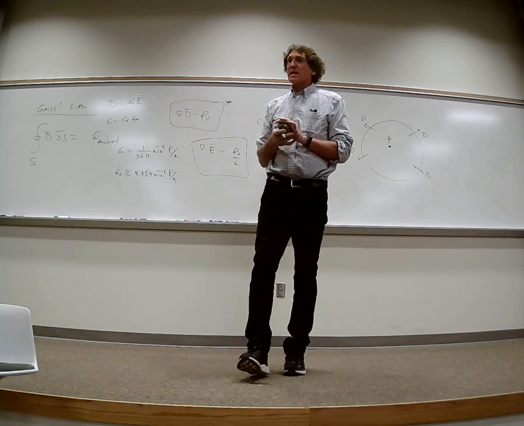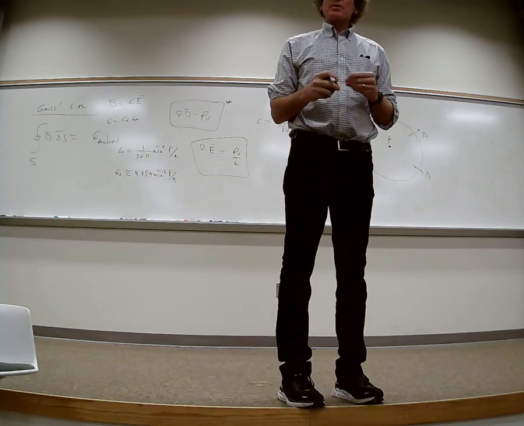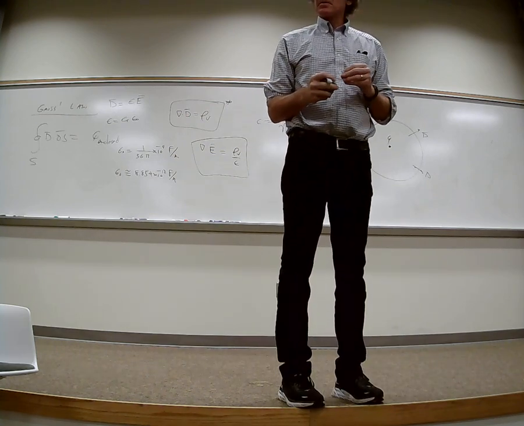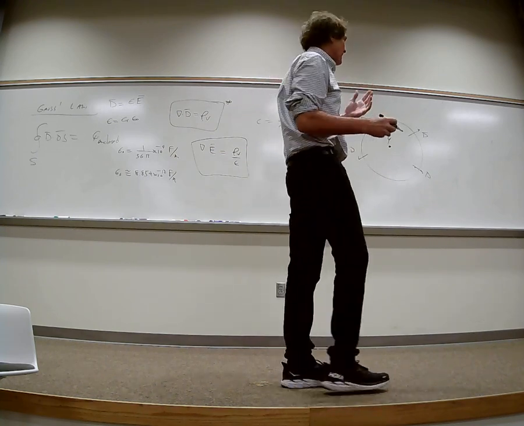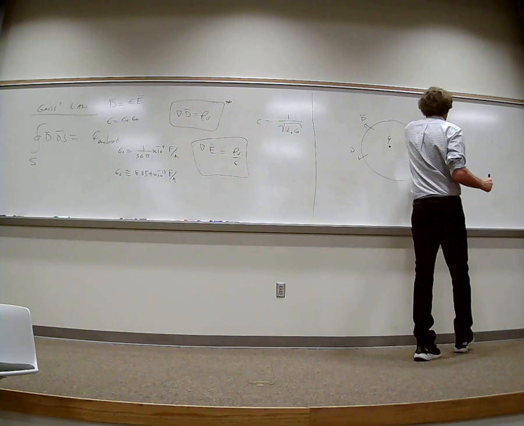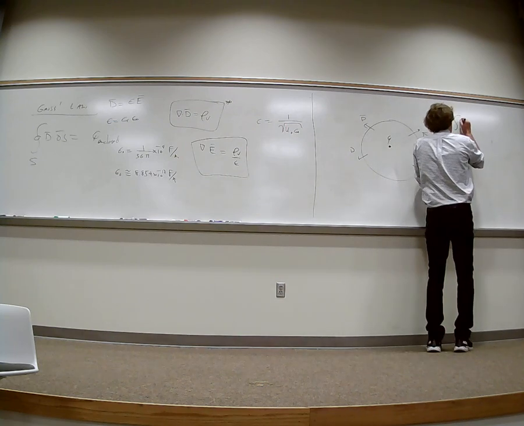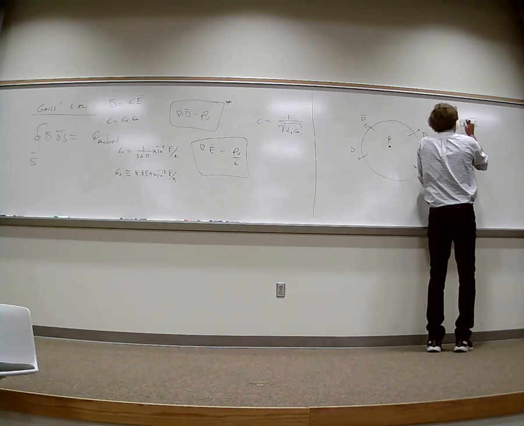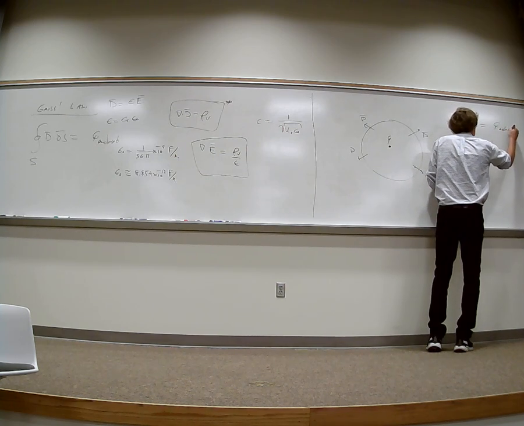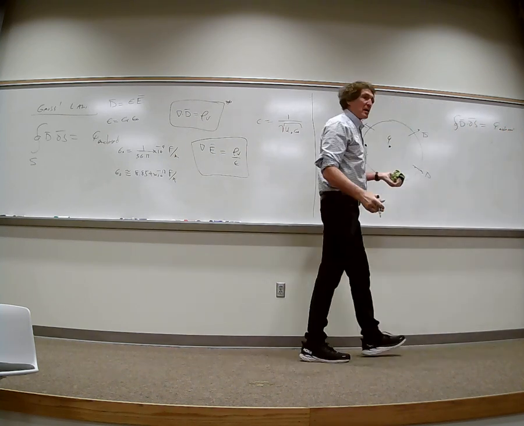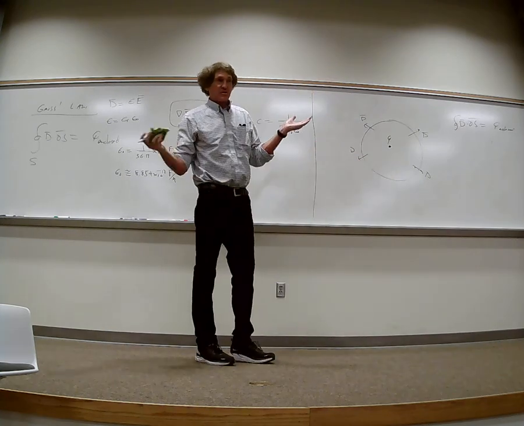Now I can formulate an integration and do it for a differential surface vector and do the whole thing, but I'll show you how this unfolds with Gauss's law. Gauss's law says the integral of D dot dS over any closed surface is the charge enclosed by that surface. Everybody follow me? Well, the charge is Q. That's a no-brainer.